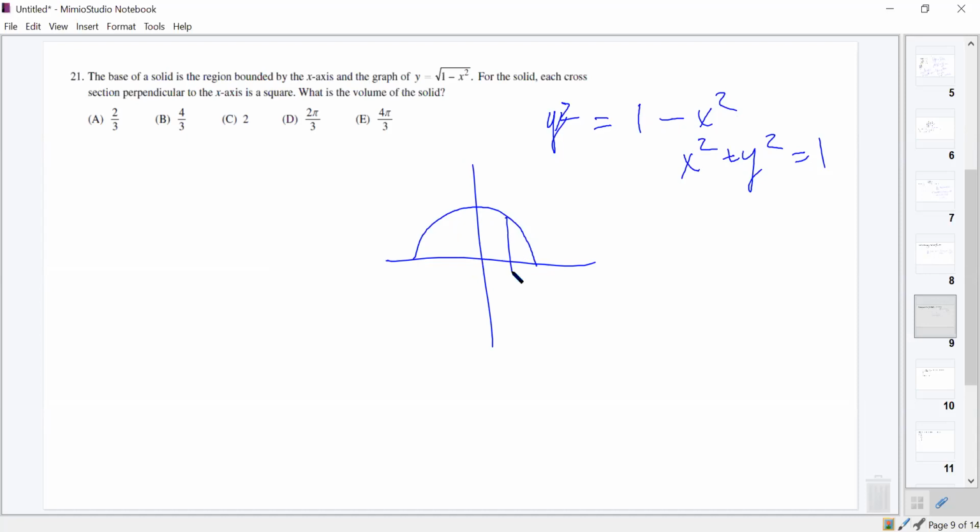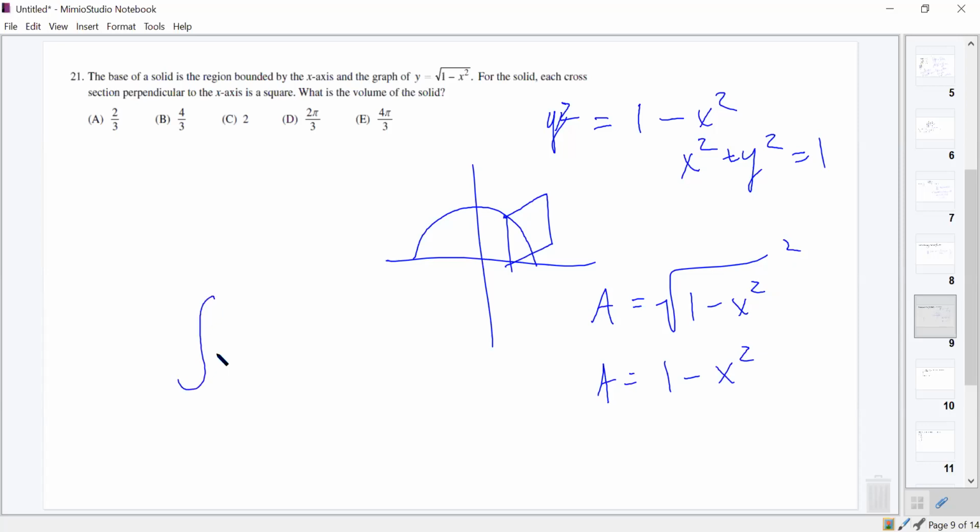Cross sections perpendicular to the x-axis are squares. So they have an area of the height, square root of 1 minus x squared, times itself, or squared. So the area of each cross section ought to be 1 minus x squared. All we need to do is integrate 1 minus x squared, our area, from -1 to 1.